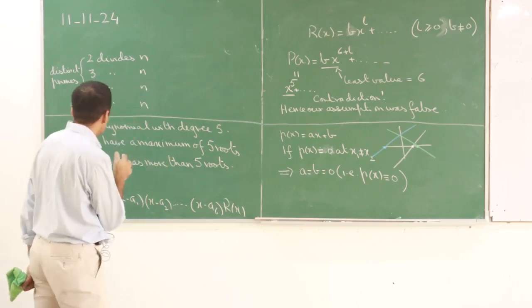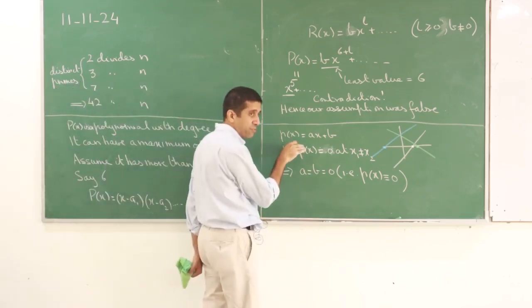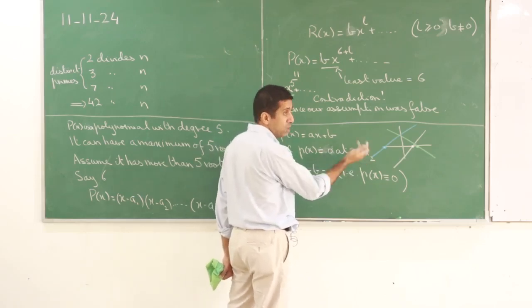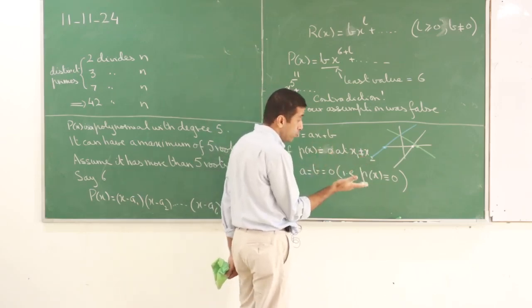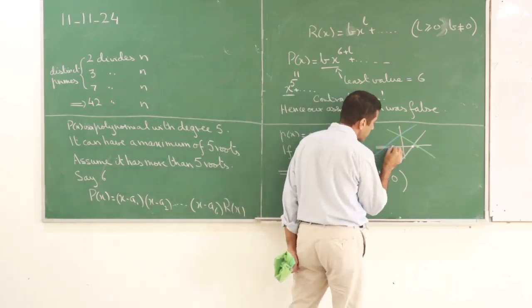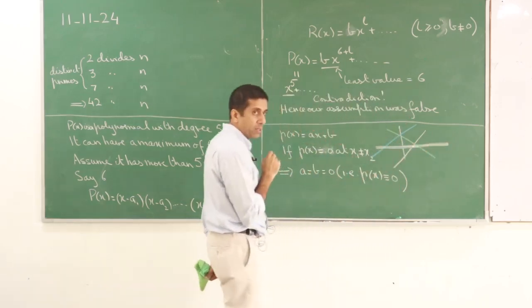Why is that? Because we know a polynomial of degree 1 can have a maximum of 1 root. Here we found 2 distinct roots, which means it can't be a degree 1 polynomial, it has to be identically 0, i.e. a polynomial which takes on exactly 0 values over here.